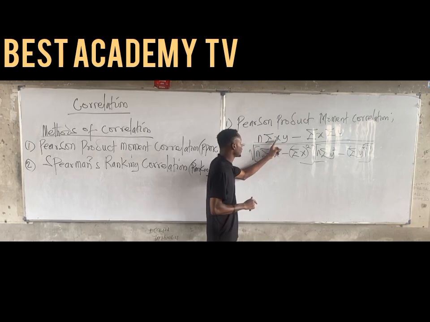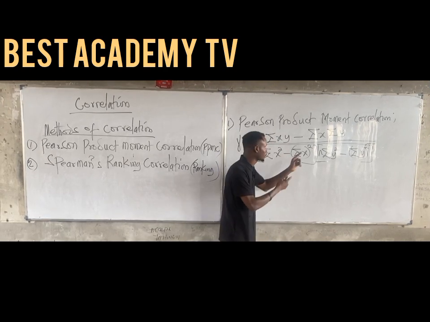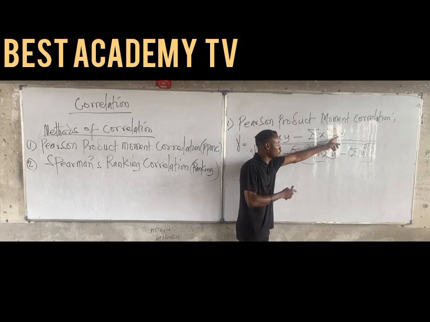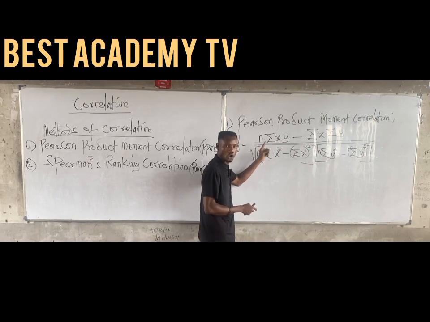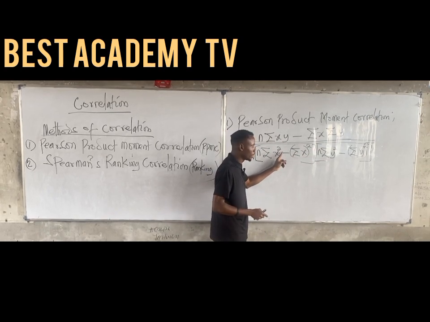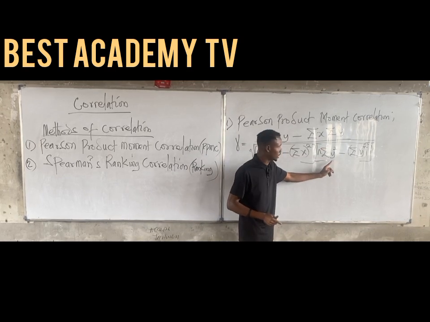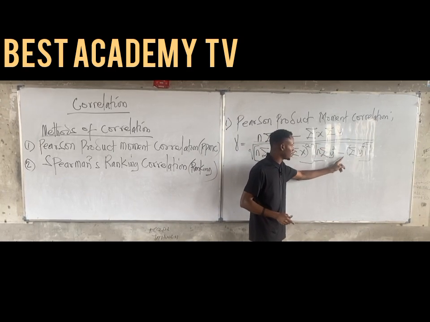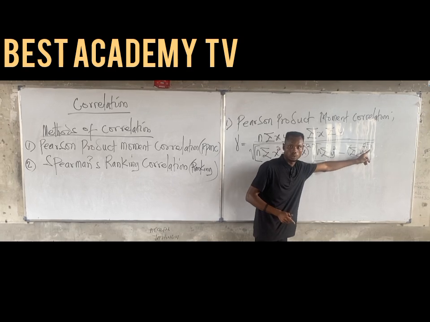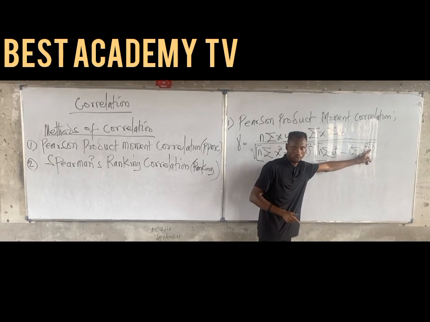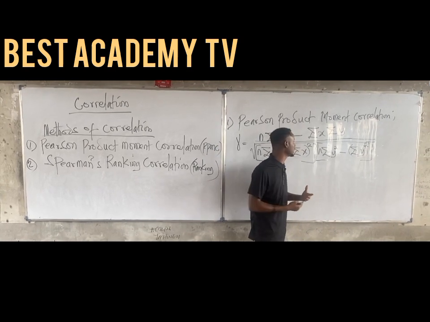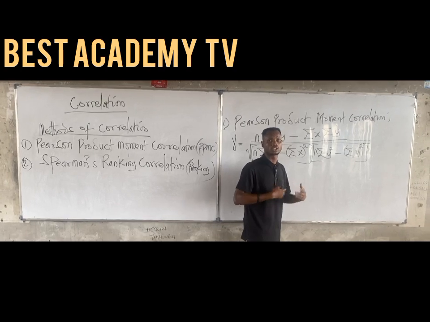This is n sum of xy minus sum of x sum of y over the square root of n sum of x squared minus sum of x all squared. You put your open bracket here, n sum of y squared minus sum of y all squared. Please take note. Okay, we are going to know how to apply this formula in solving some questions.